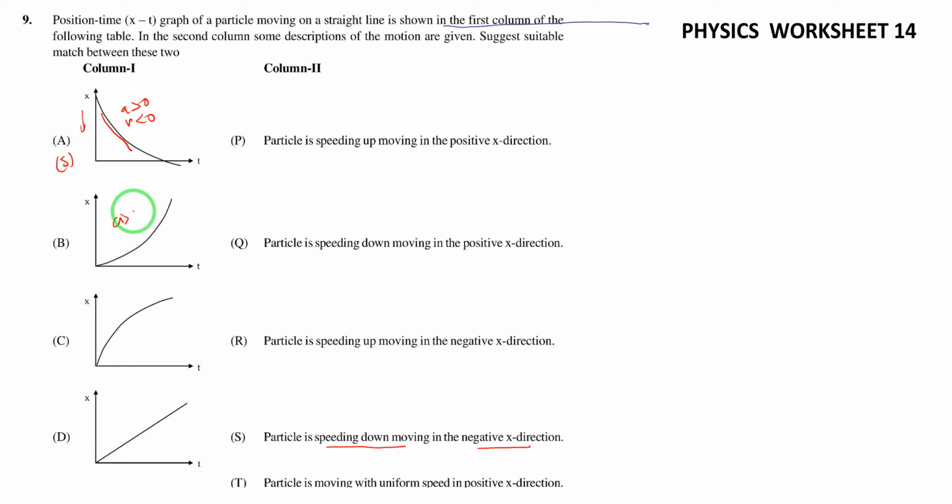B में क्या हो रहा है, a is positive and v is also positive, so it is speeding up in positive x axis, so P होगा इसका आंसर. Okay, what is happening in C? a is negative and v is positive. In this case slope is positive but speed is decreasing, so speed is going down and moving in the positive x axis, so Q will be the answer to this. In this case acceleration is 0, so T will be the answer to D, uniform speed on the positive x axis.